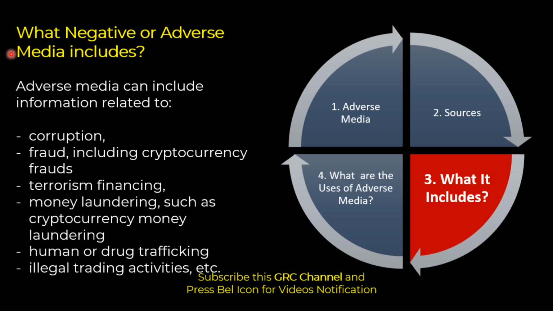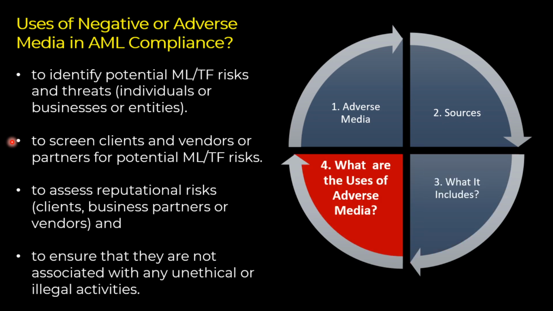These are the broader components of the adverse media items that may be found by the specific financial institution during the searches. Now, in the last, let's discuss what are the uses of negative adverse media in anti-money laundering compliance.